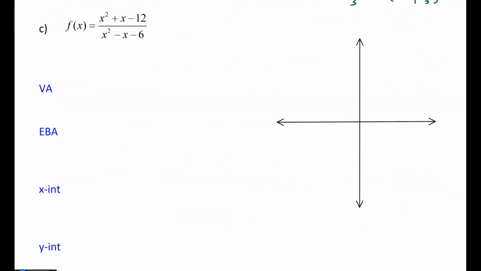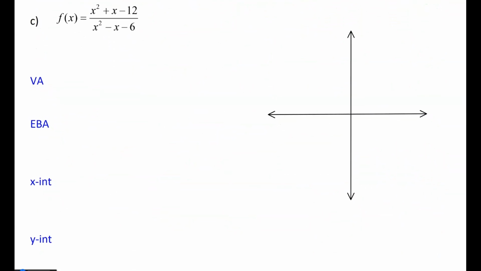I know some of the classes we got to this one and some we did not. So I'm going to run through here. First thing is to factor this. So our numerator factors into x plus 4, x minus 3.